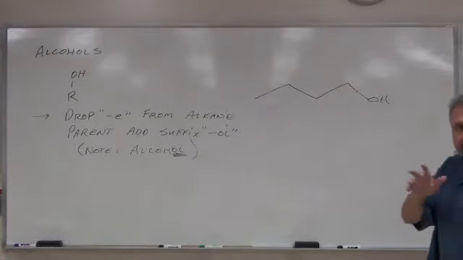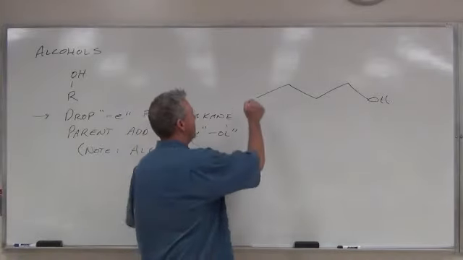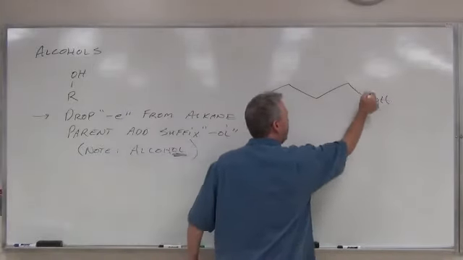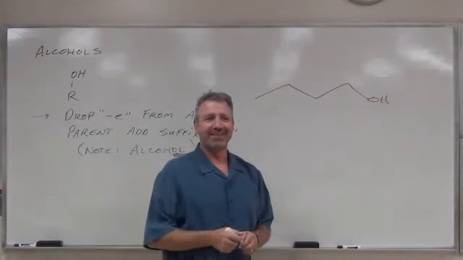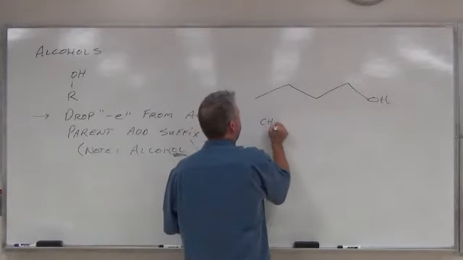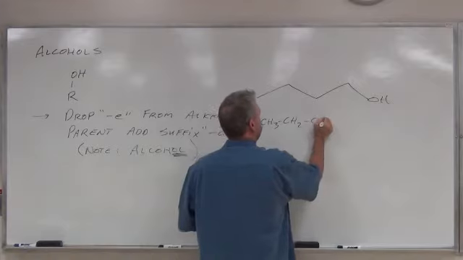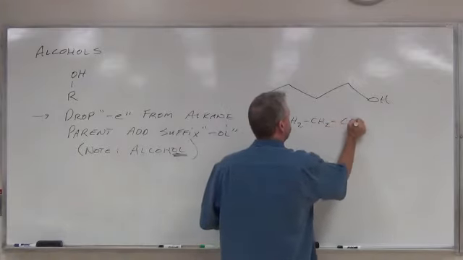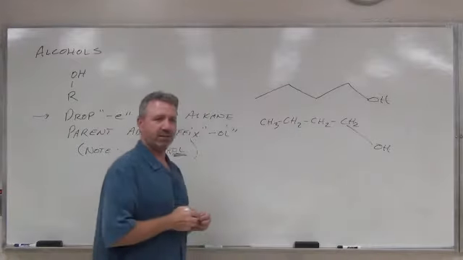Listen, the common mistake that students always make is they say, how many carbons? 1, 2, 3, 4, 5. And then the OH group. It's not like that. Here's a CH3. There's a CH2. There's a CH2. There's a CH2. And then off that, I have the bond to the OH.